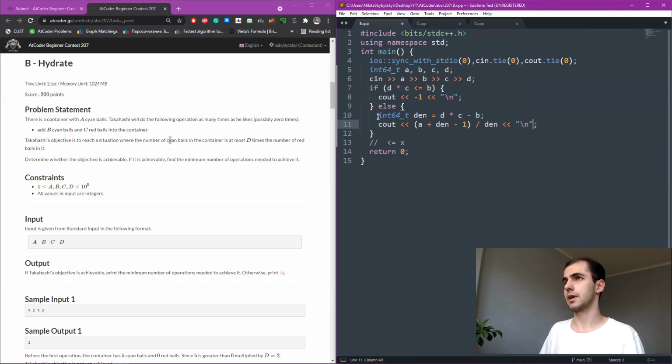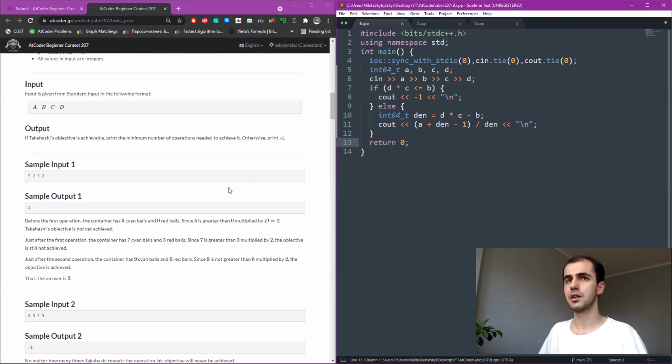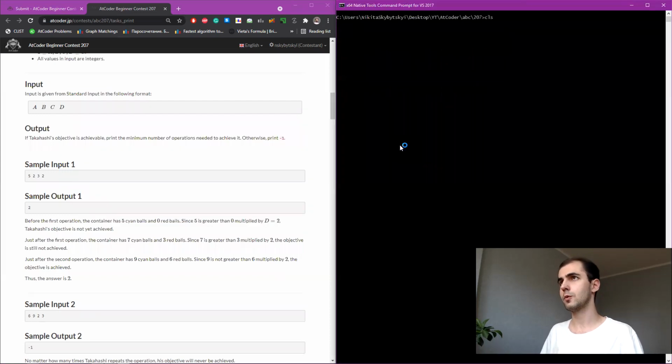It's just a common way of rounding up. I'm pretty sure that everyone understands how it works. But if you don't, pause the video here and think why this rounds up. Like, this is integer division, and this works as a ceiling function.